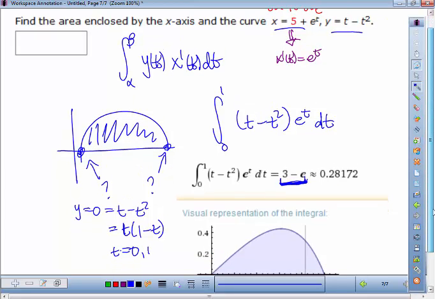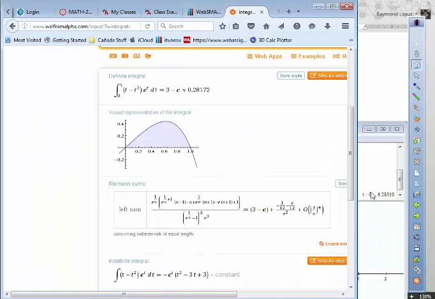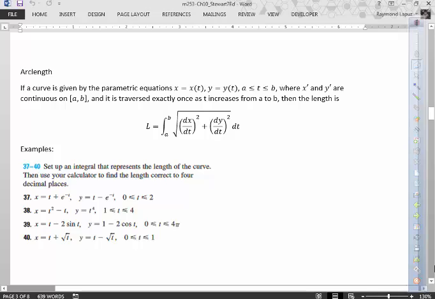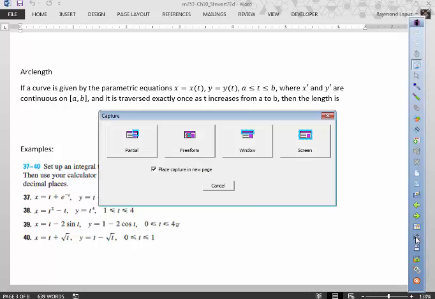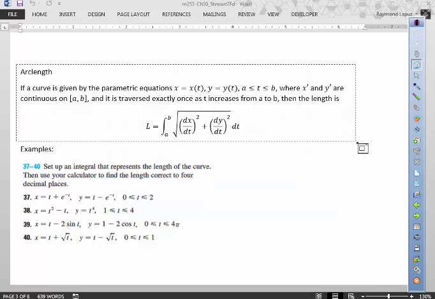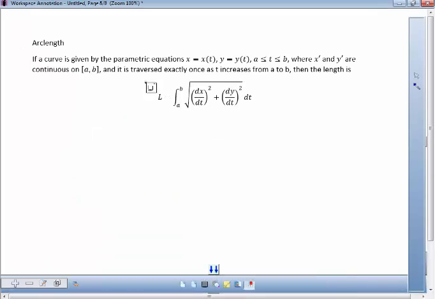Yeah, it was, where S is the arc length, ds equals the square root of dx squared plus dy squared, or the square root of dy over dx squared plus 1 dx.